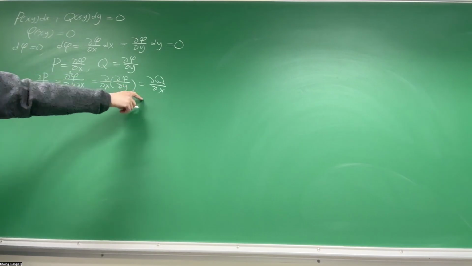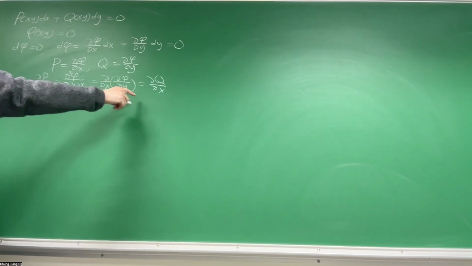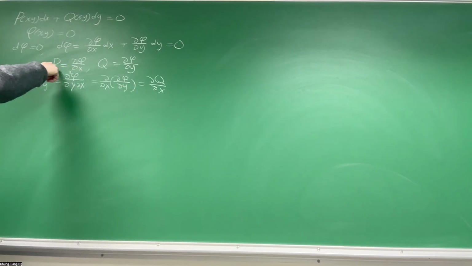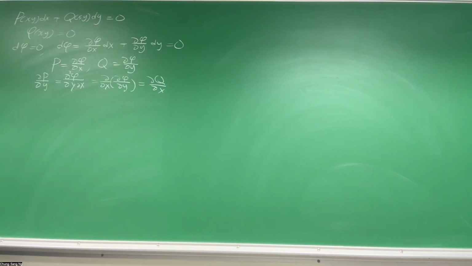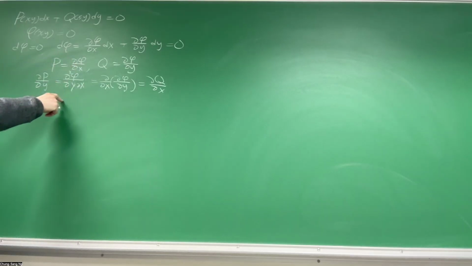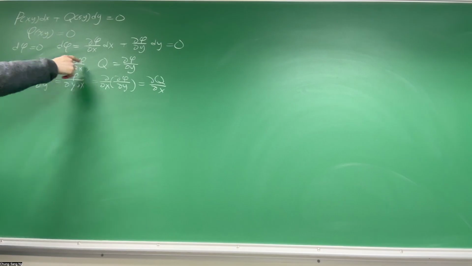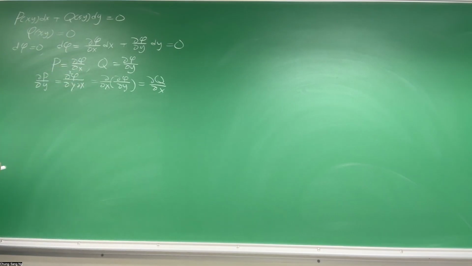Once you check that this is true, then you can just use these two equations to solve for phi, this function, step by step. This is like the process of proving the formula, equation 7.10.